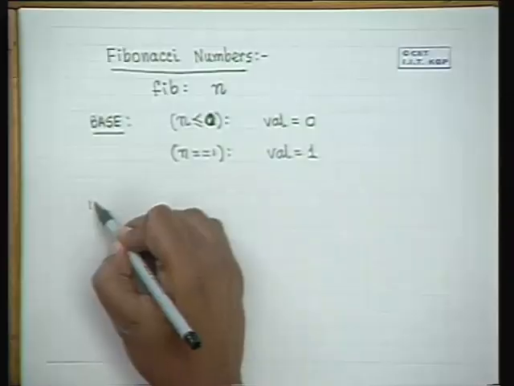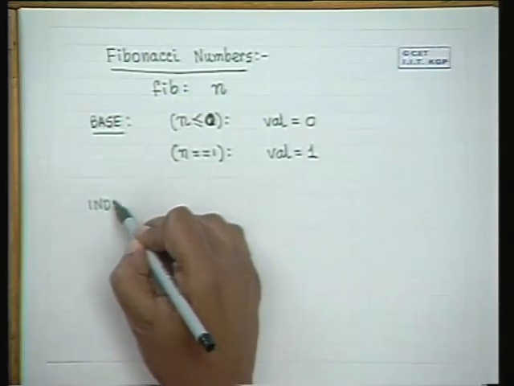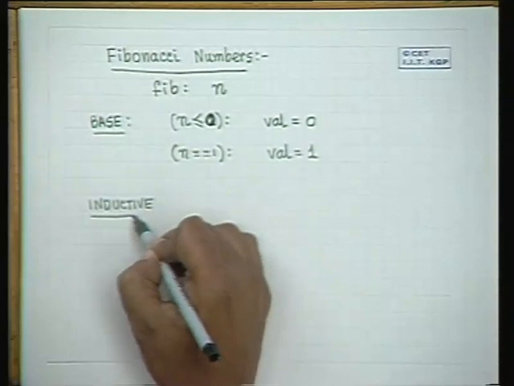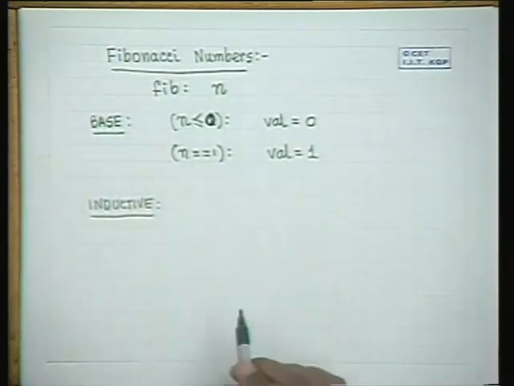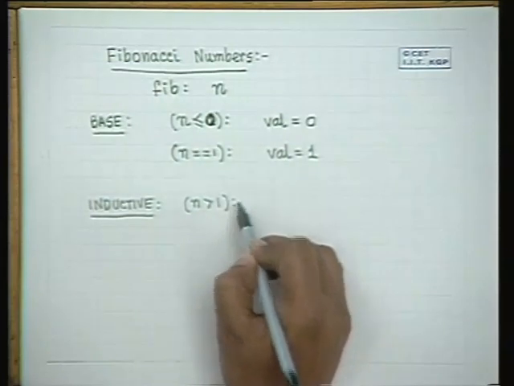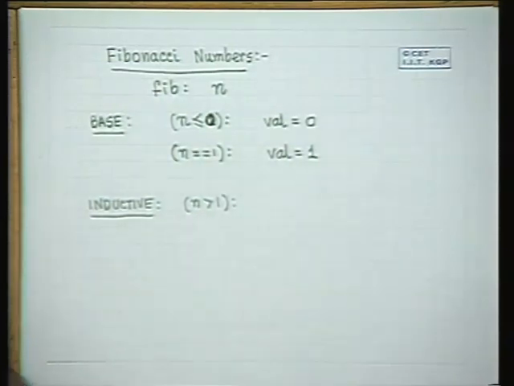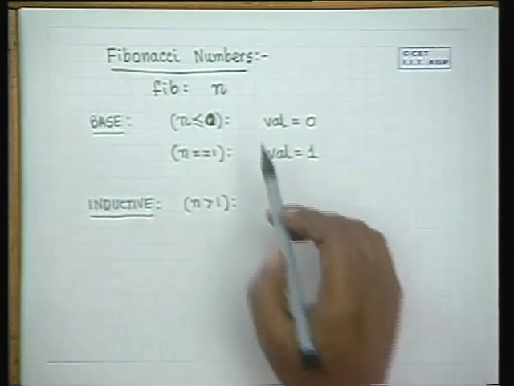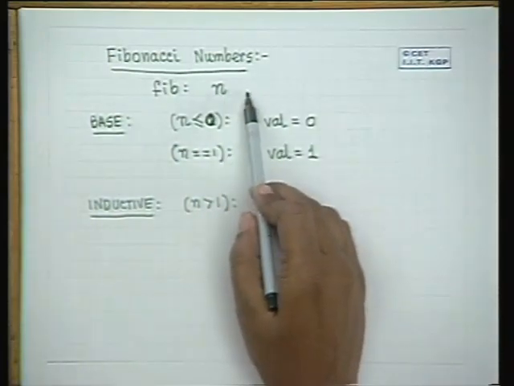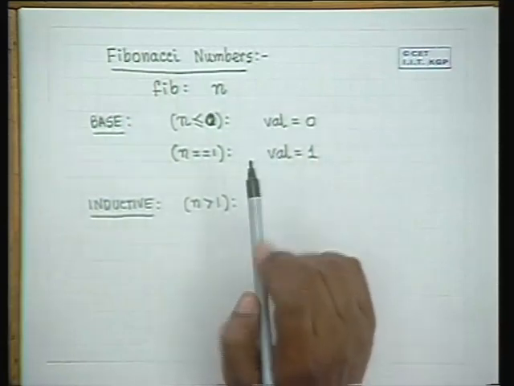And what is the inductive condition? The condition is n is greater than 1, and in order to solve the Fibonacci number problem, you have to obtain Fn, which is Fn minus 1 plus Fn minus 2.